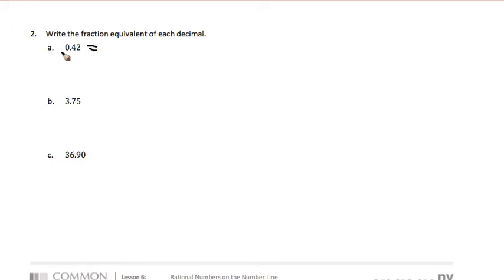When we read this decimal, we read after the decimal point, we read all of the digits as a number, as if it were a whole number. So this is 42. And then in the denominator, we put the place value position of the last digit. So this was tenths, this is hundredths, and in the denominator we put hundredths.